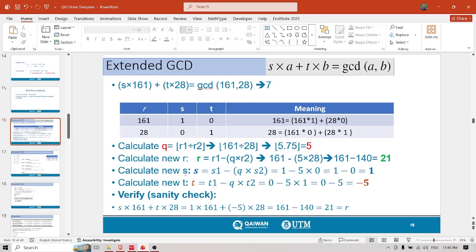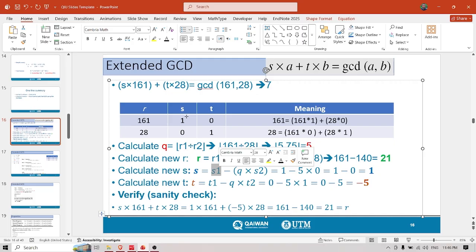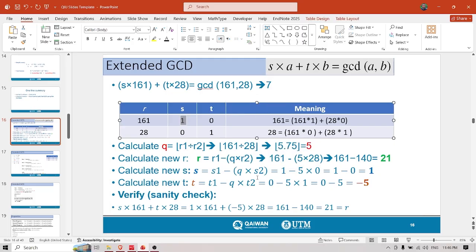We will need a new S also, because we have S1, S2, we will need an S. Now the S would be equal to S1 minus Q multiplied by S2, just the same with the R. And for the T, same equation. So we will just explain this slide, and for the other slides we will not go as deep as this. Now S would be equal to S1. S1 is this one.